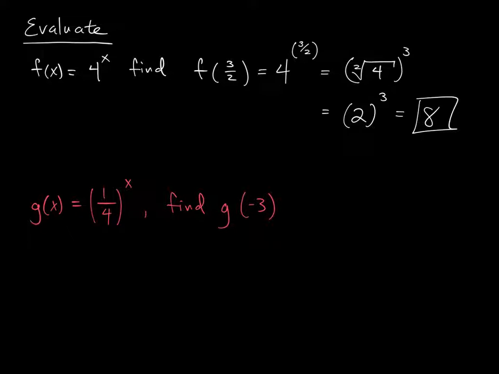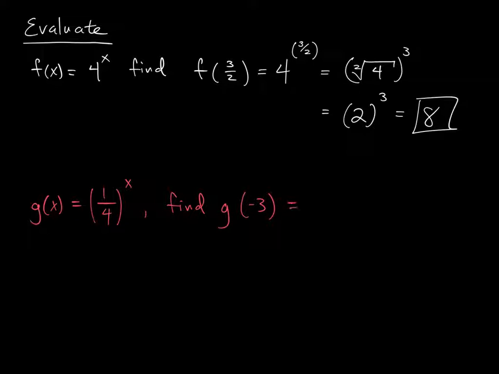For the next example down here in red, we have g of x equals 1/4 to the x power, and we're just trying to figure out what is g of -3. So the -3 was substituted in for x, so the -3 gets substituted in for all x's.